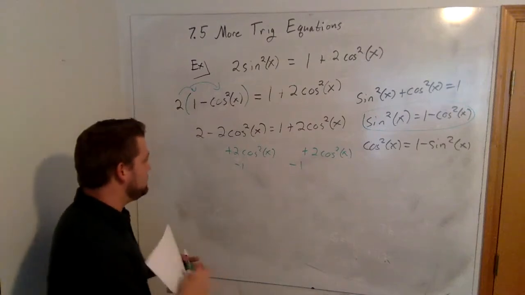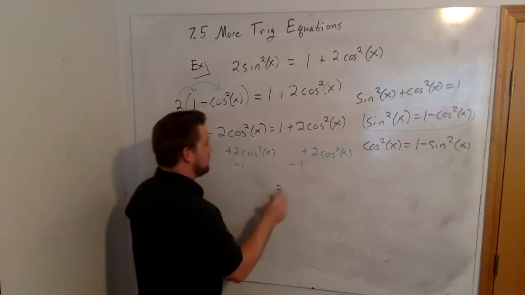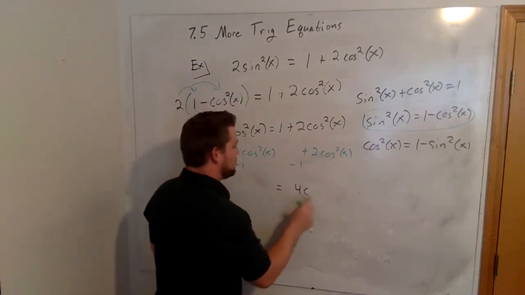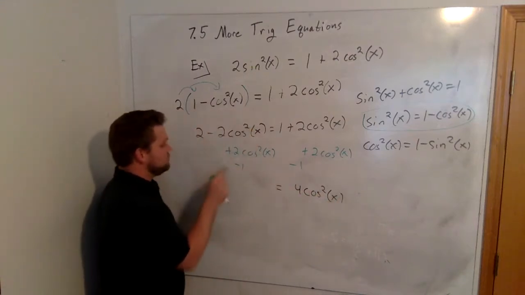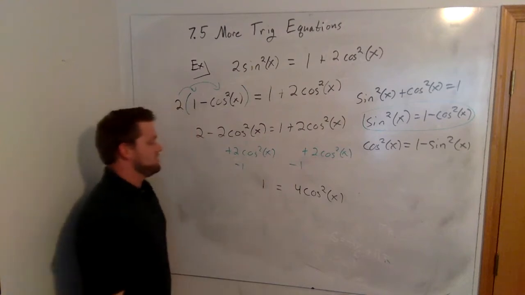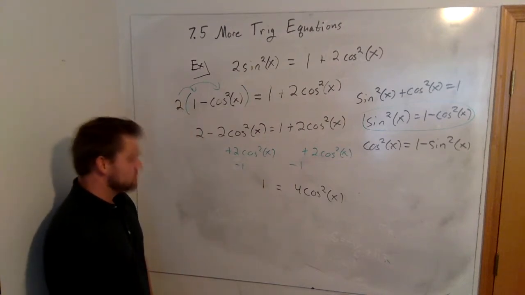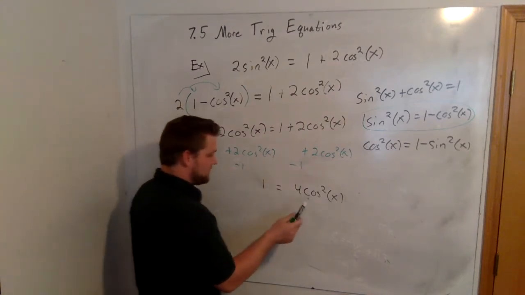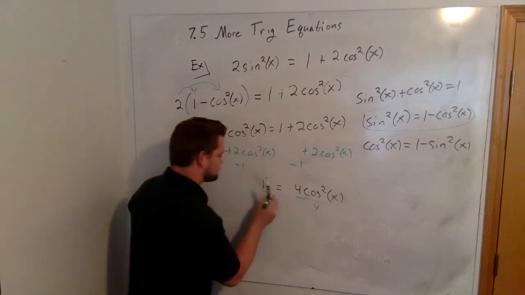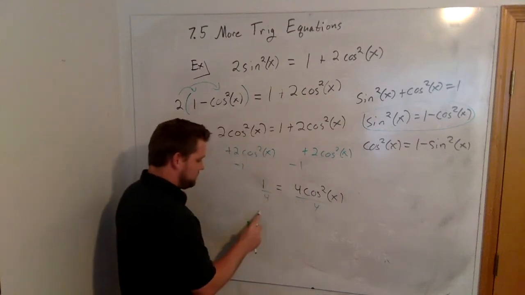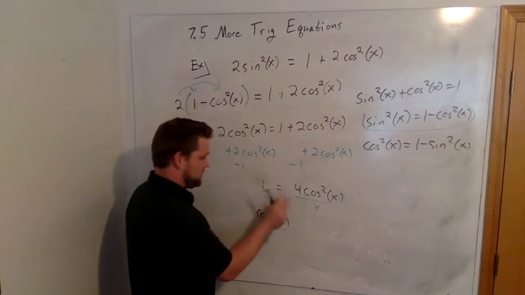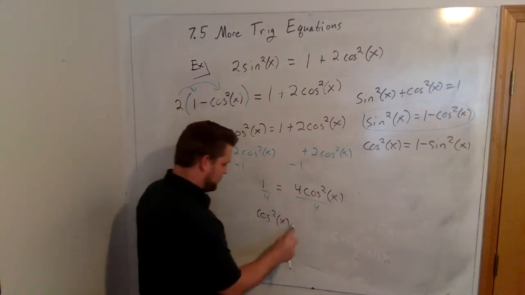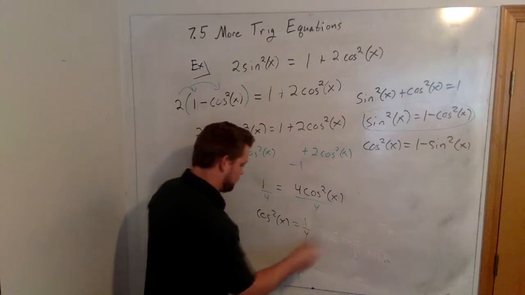So what are we going to get? We'll have now 4 cosine squared of x, and we're going to have a 2 take away 1, so we'll just get a 1 on the left-hand side. So divide both sides by 4, and we'll get that cosine squared of x, I'm just flipping the equation sign, will be equal to 1/4.